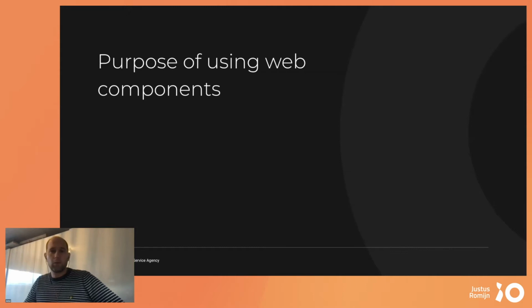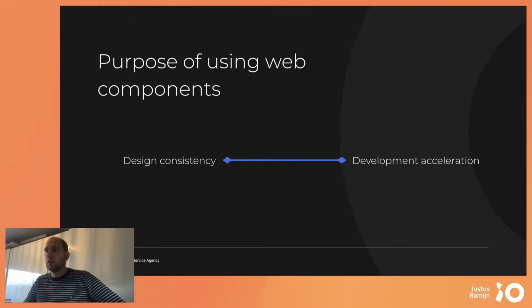So first of all, when you want to start with web components in a company, there are often two main reasons to choose those. One is the design consistency. So when you're talking about a design system, for example, and another one, which is also pretty interesting, is development acceleration.